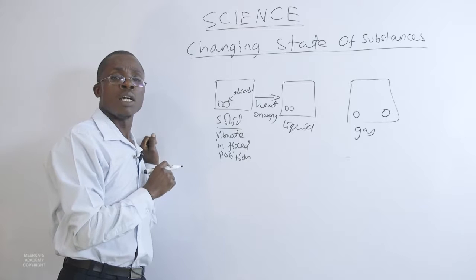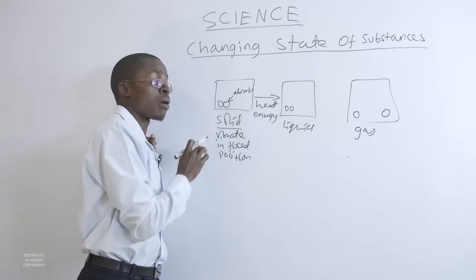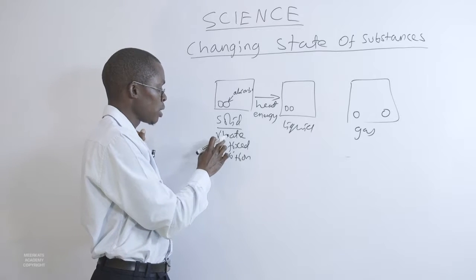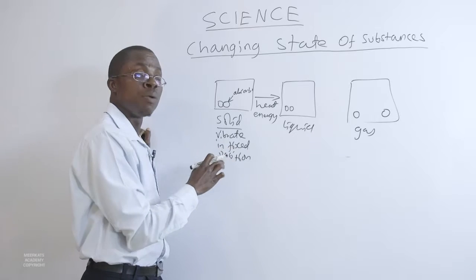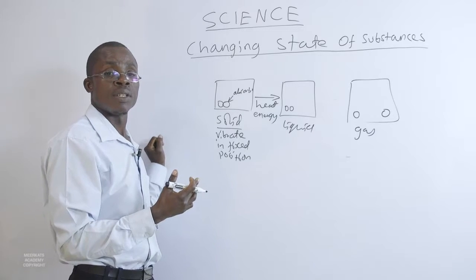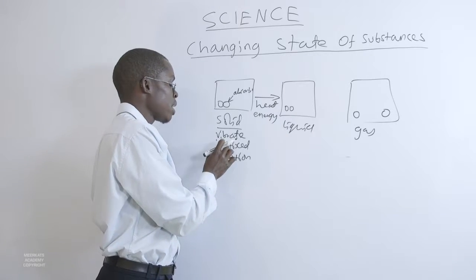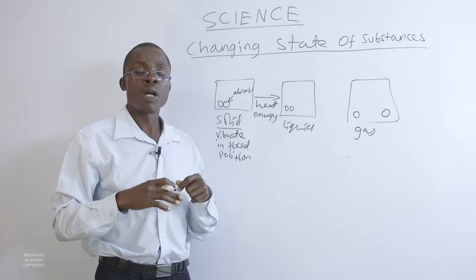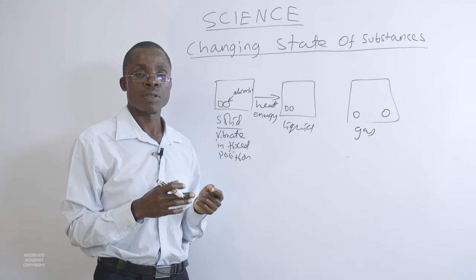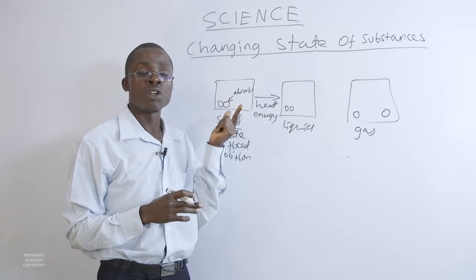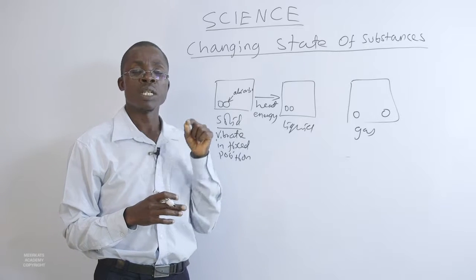As it goes up, the particles will absorb the heat energy. In doing so, their vibration, which is in a fixed position, will be more vigorous. The vibration will be higher. The high vibration makes the particles break off from each other.